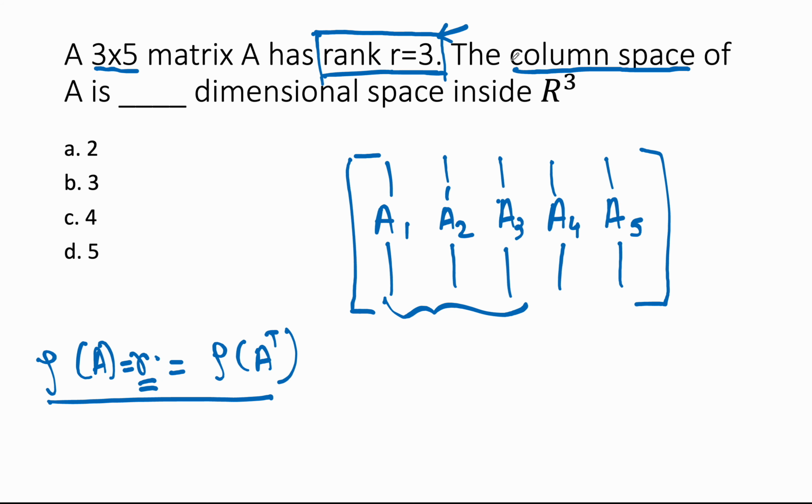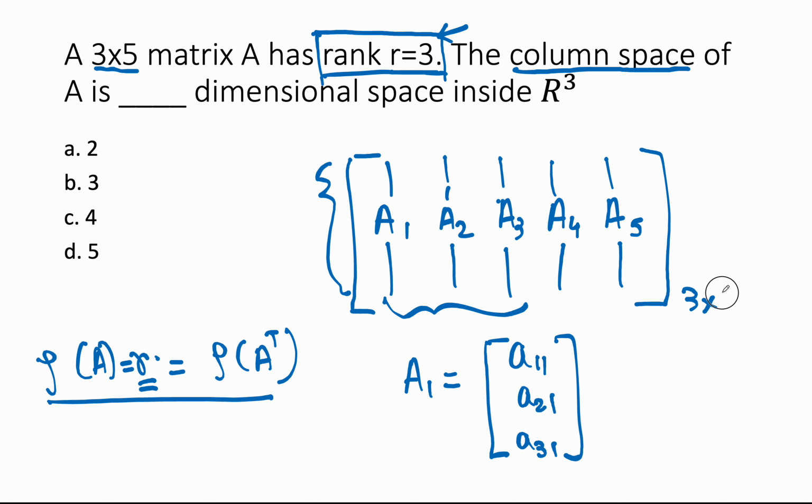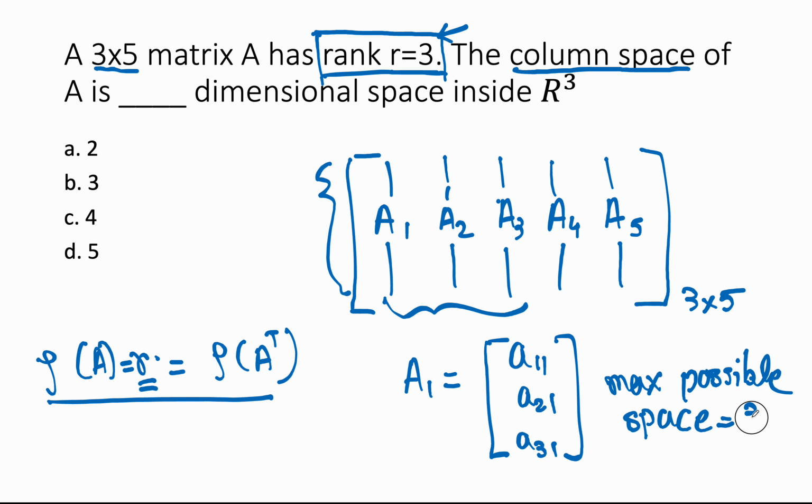Okay, the column space of A is, so you can see that this is the column, and A1 will be A11, A21, A31, because it is a 3 cross 5 matrix, and you can see that it has 3 components, and maximum it can represent a 3-dimensional vector. So the maximum possible space it can span is 3, and the rank which is given is 3.